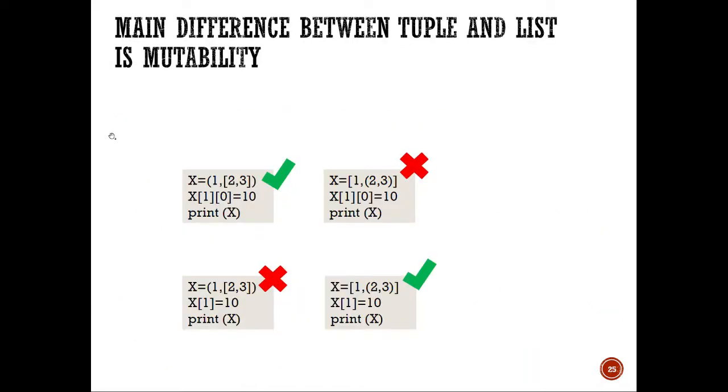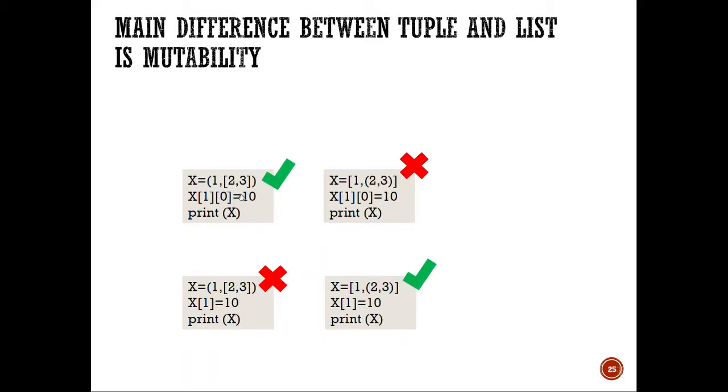So as a conclusion, the main difference between a tuple and a list is immutability. Tuples are immutable in the sense that you cannot assign a new value to the element. However, a list is mutable. So in this example, although X is defined originally as a tuple, the element that we are indexing is actually part of a list.